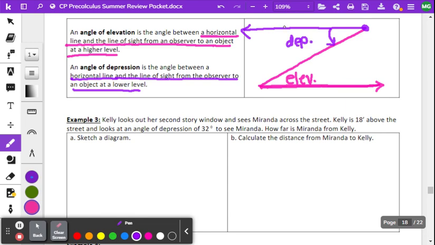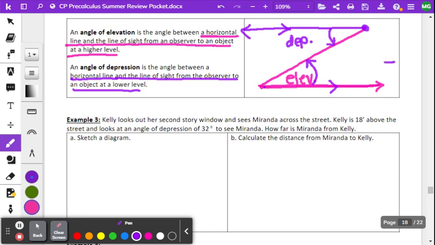And if you think about it, these two lines are parallel lines, and this goes way back, but with two parallel lines cut by a transversal, alternate interior angles are congruent. So the person down here looking up to the top of the mountain has the same angle that the person up here has to look down.